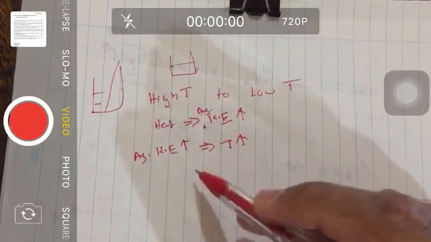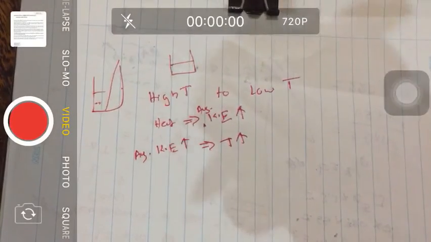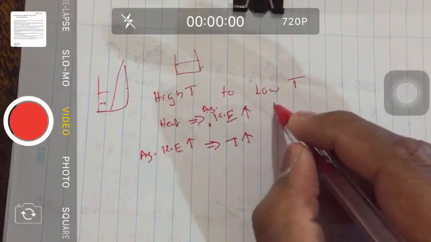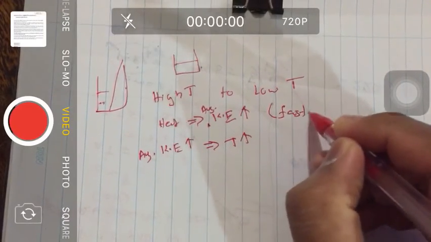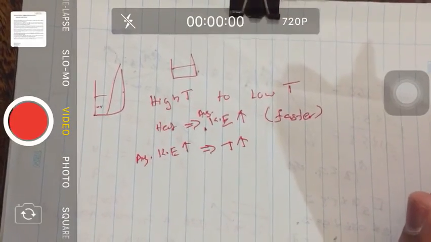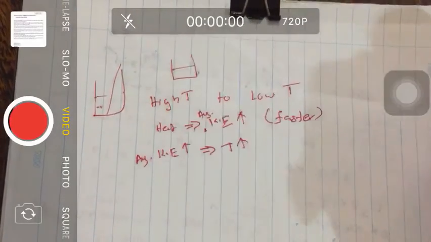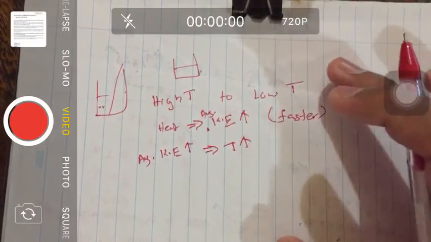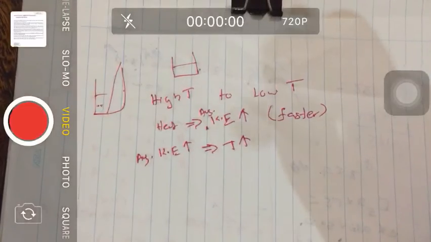So when the heat flows, the average kinetic energy of the molecules increases. A layman way of saying it is the molecules move faster, and that means that the temperature increases, right? So these are the 3 points that come to my mind.